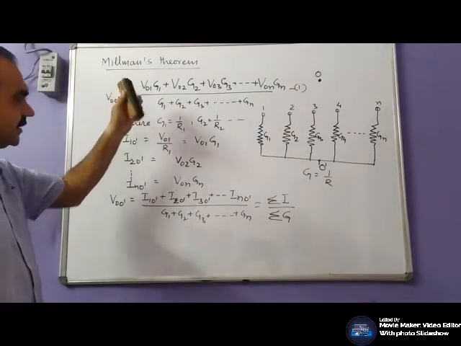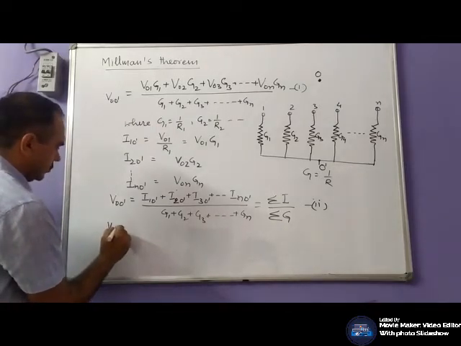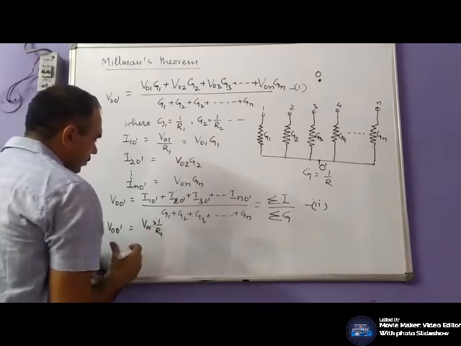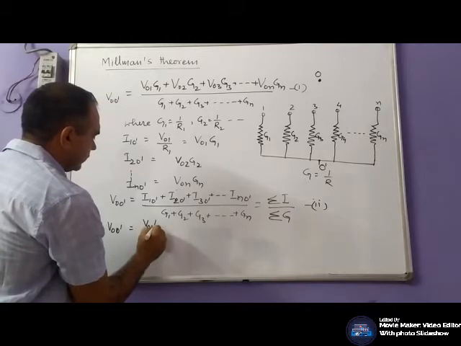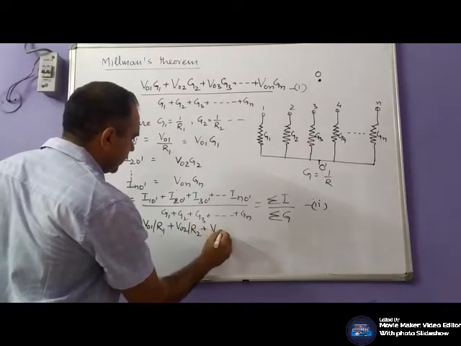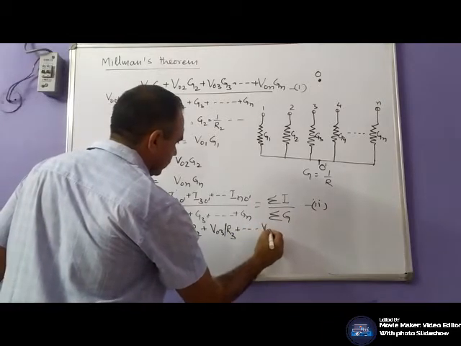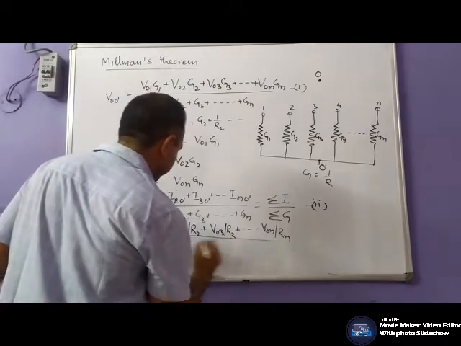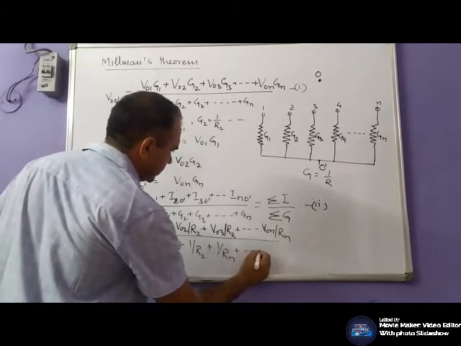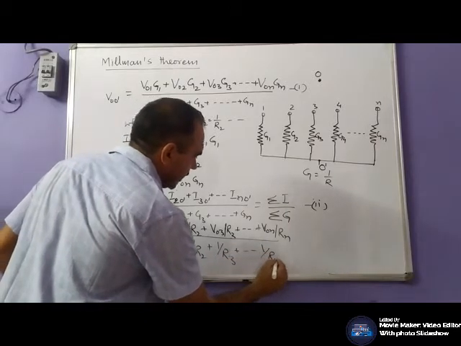Now, this equation can be rewritten as V00 dash equals V01 into 1 by R1, or V01 by R1 if the values of resistances are given, V02 by R2, V03 by R3, V0n by Rn, divided by 1 by R1, 1 by R2, 1 by R3, 1 by Rn.